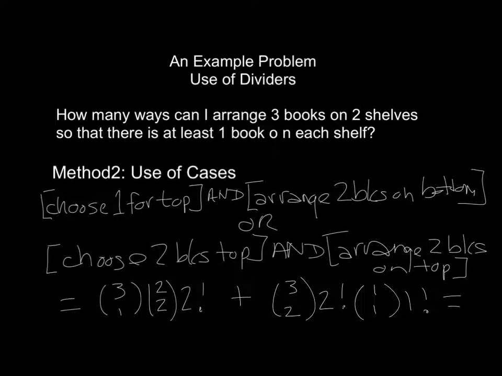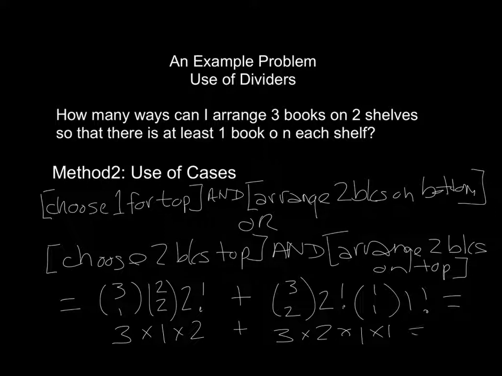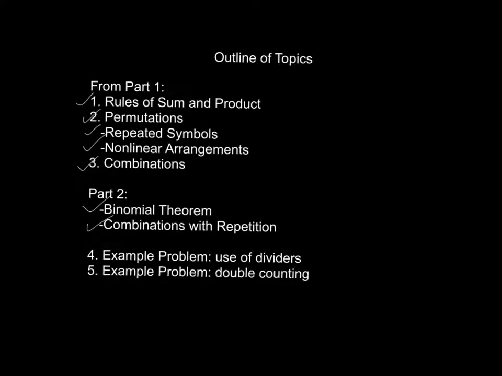So you can see our solution is going to be, from 3 choose 1, there's only one way to do this, plus 3 times 2 times 1 times 1. So again, we have 12 arrangements. So now we've looked at use of dividers, and also we've looked at use of cases.